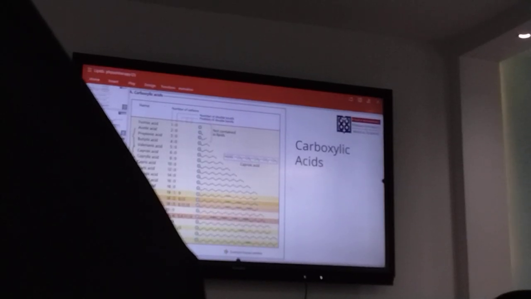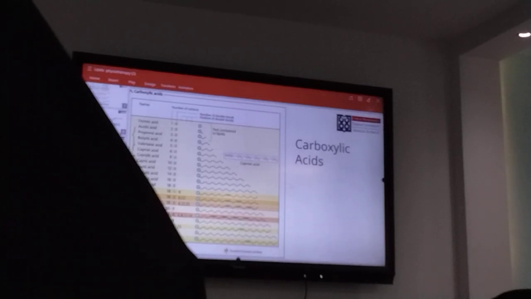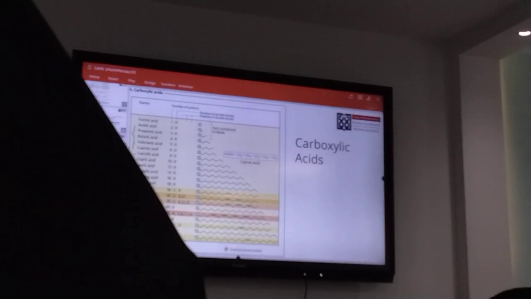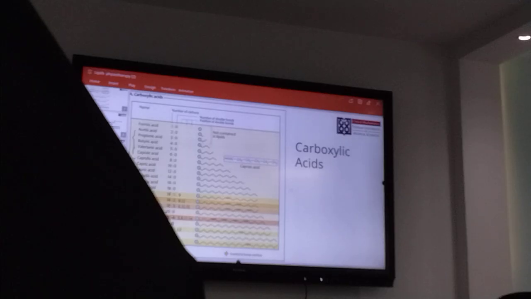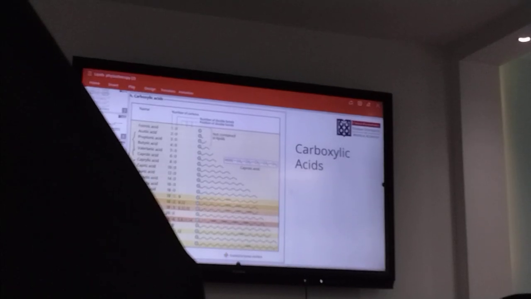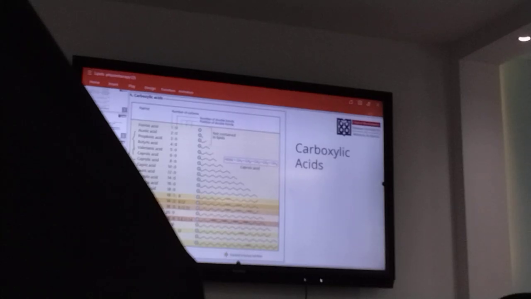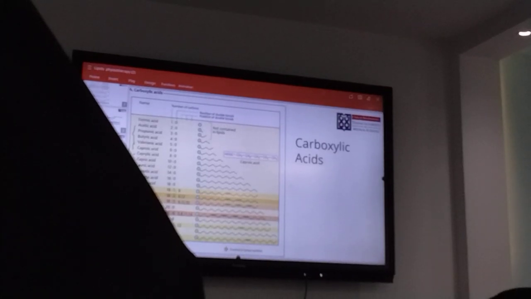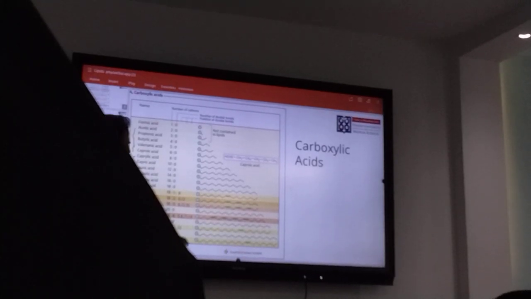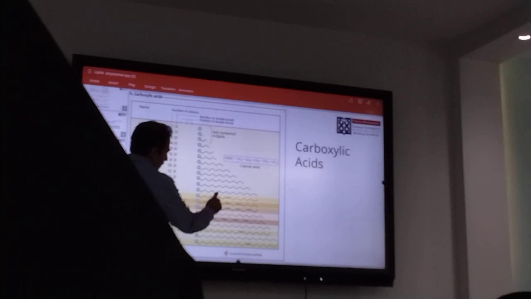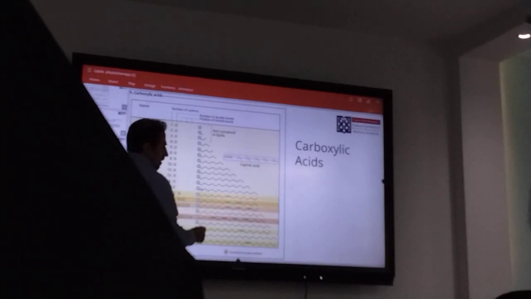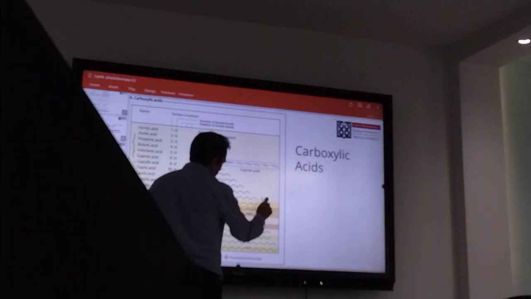But here you see some of them have a star on them. Like linoleic acid, linolenic acid, and arachidonic acid. Just remember the names of these fatty acids, the ones that have a star. What is this? Is this saturated or unsaturated? Unsaturated.